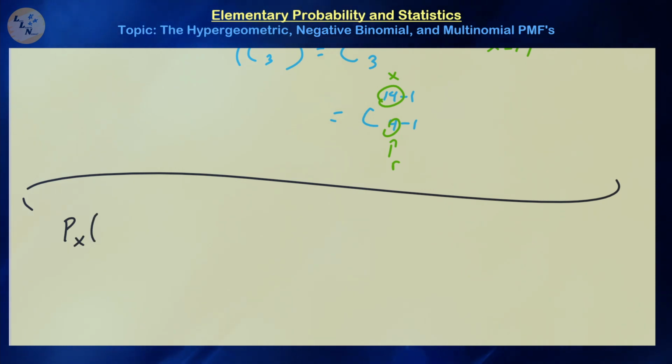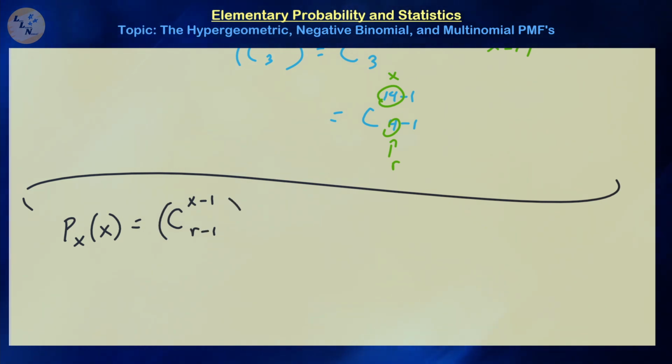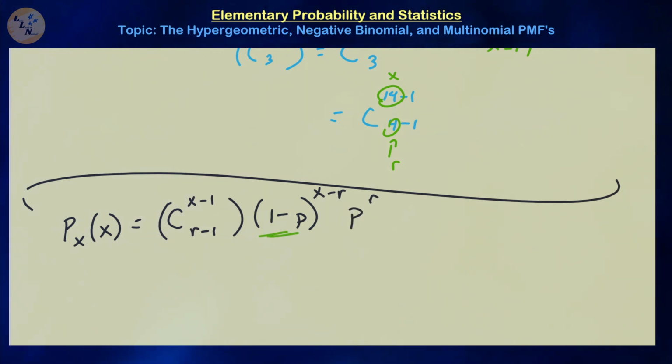And that is going to be equal to P(X = x) = C(x minus 1, r minus 1) times (1 minus p) to the x minus r times p to the power of r. So again, what is this? 1 minus p is the probability of failure, p is the probability of success, and r is the parameter that represents the number of successes we want to get until we stop our sequence.